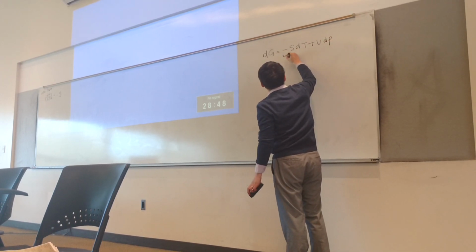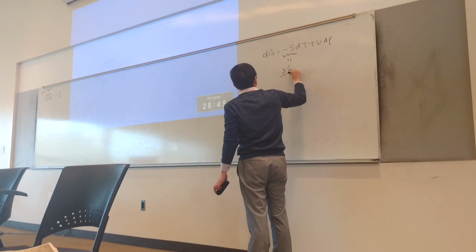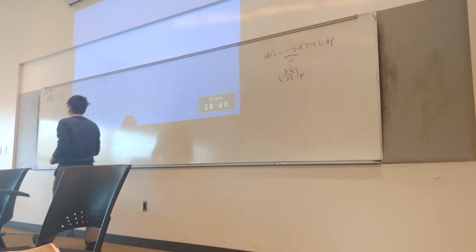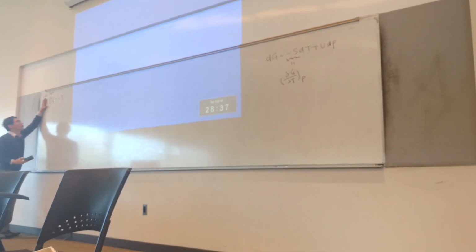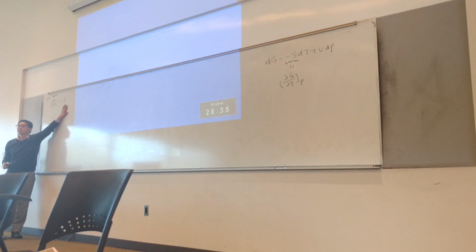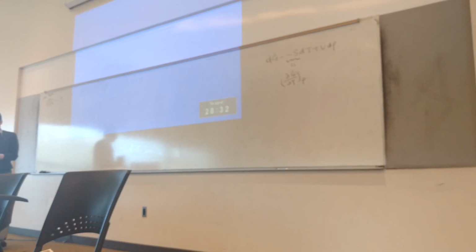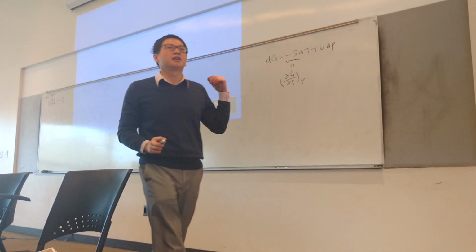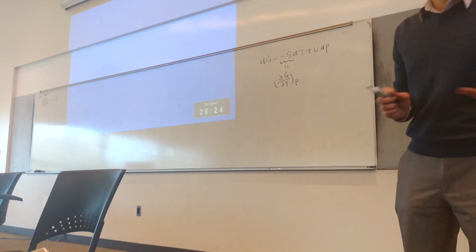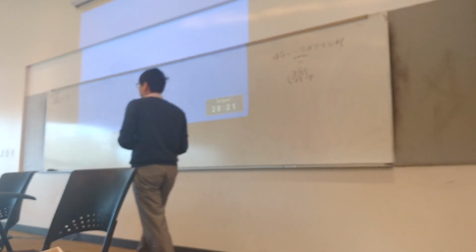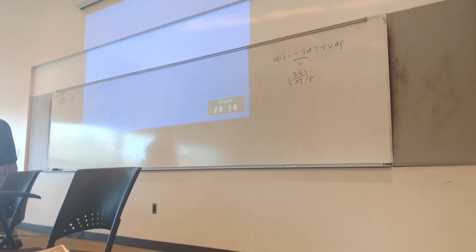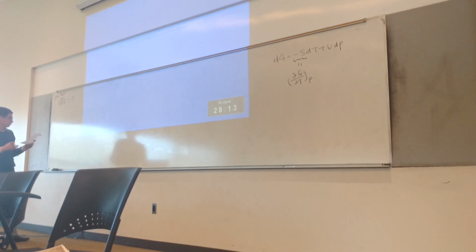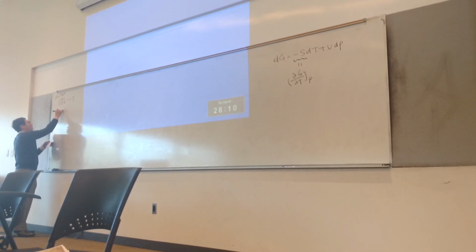Then you know this term is equal to partial G, partial T at constant P. So partial G, partial T at constant P equals negative S. That means the temperature dependence of the free energy is totally related to your entropy. Okay, can you tell me this though?